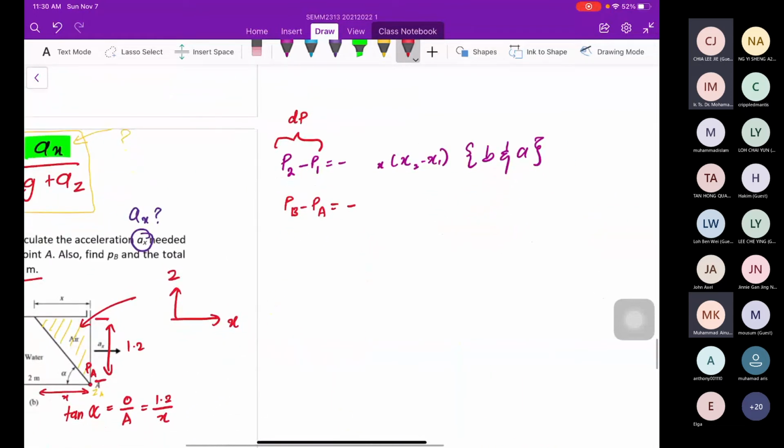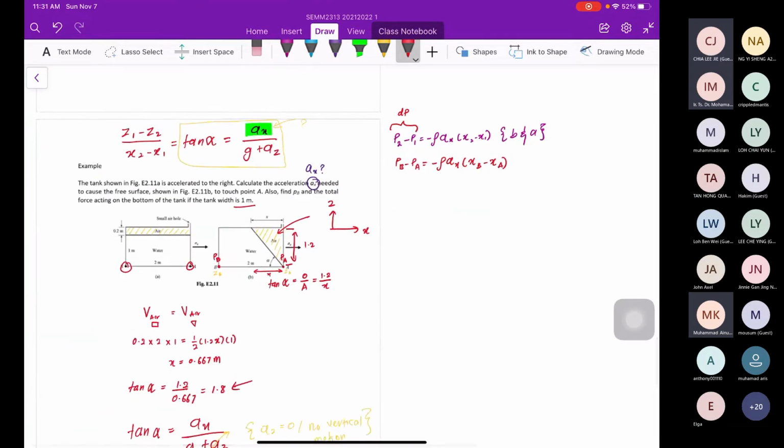So it is rho A: rho of the liquid multiplied with AX, multiplied with XB minus XA. We must make sure it tallies, B minus A for the P and X.